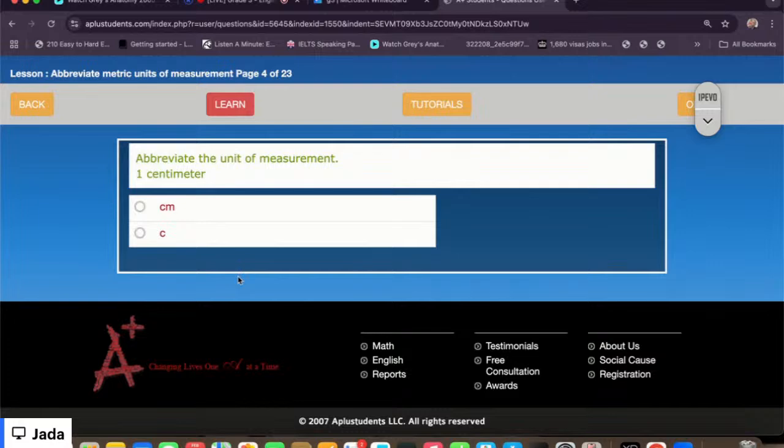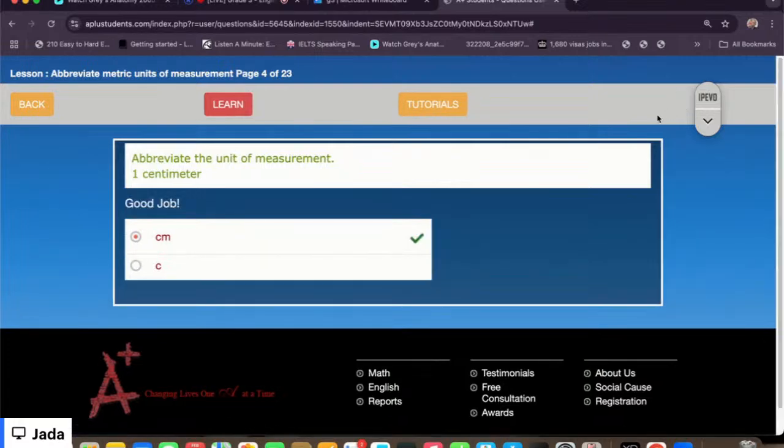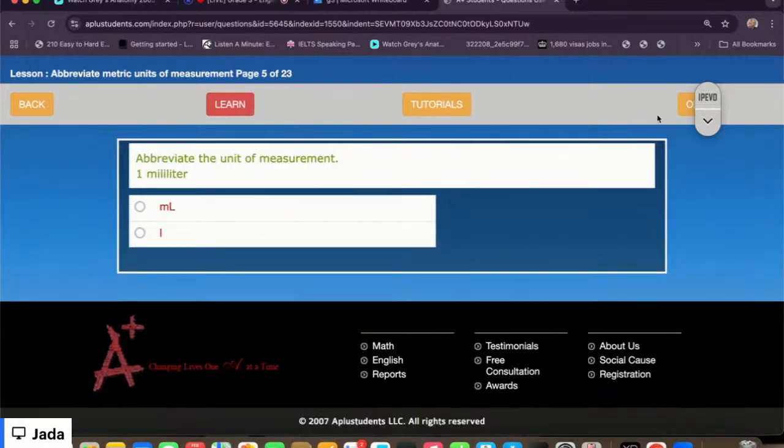Okay. So, cm. All right, so we have 1 milliliter. So what's the abbreviation form of this?